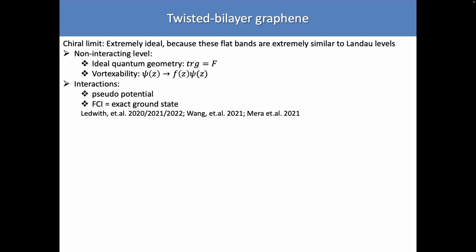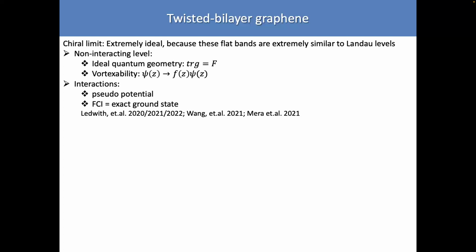And to make things even better, when we turn on interactions, we can still say something here. For these flat Chern bands, if we are in the chiral limit, then we can define the so-called pseudopotential. This pseudopotential is the same type of pseudopotential Haldane introduced for Landau levels. Because Haldane showed that if we have Landau levels and if the electron repulsion follows this pseudopotential instead of Coulomb potential, then the fractional quantum Hall effect is the exact ground state of the Hamiltonian.